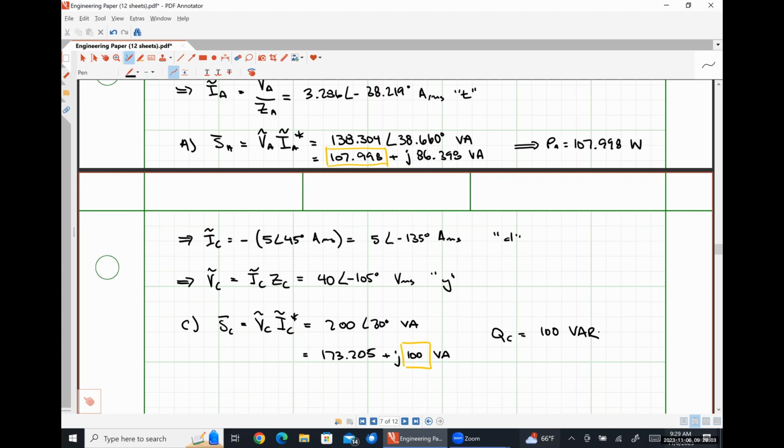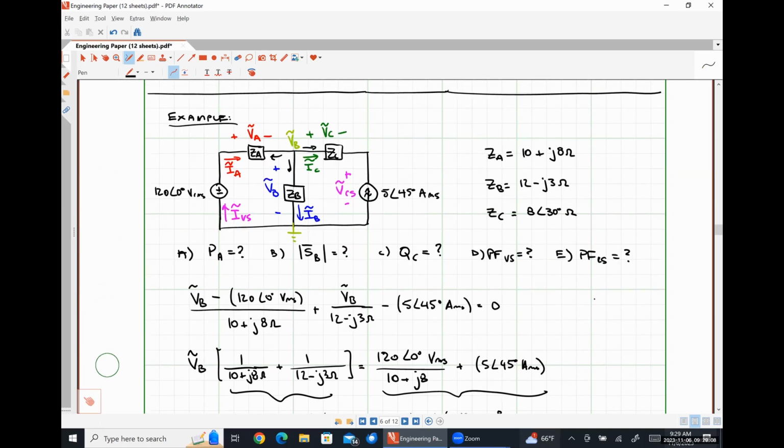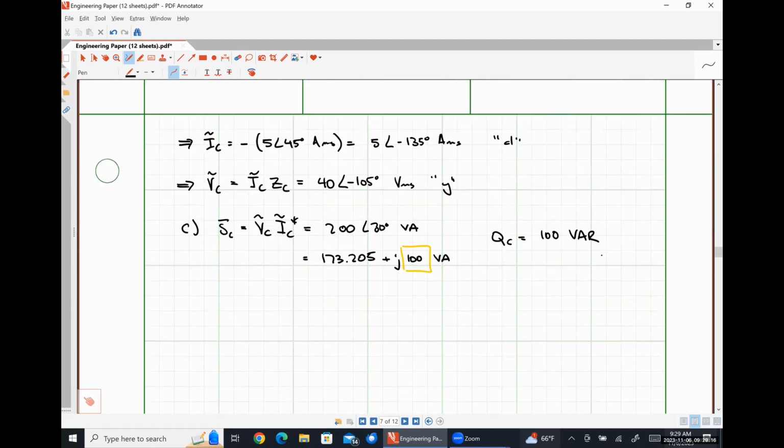All right, now let's look at part D. For part D, I'm trying to find the power factor of my voltage source. So the complex power supplied by my voltage source is going to be 120 angle 0 degrees volts RMS times IA conjugate, because IA is the current flowing into the negative polarity terminal, which is the same as the current I defined as IVS.